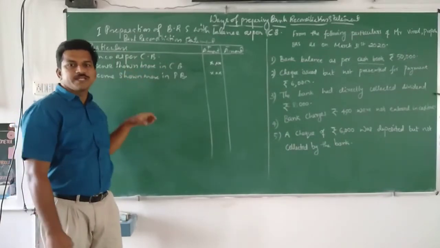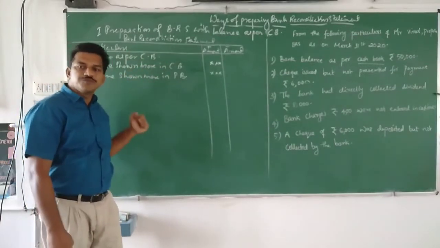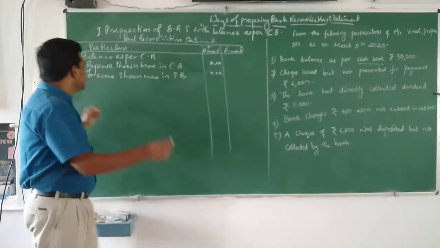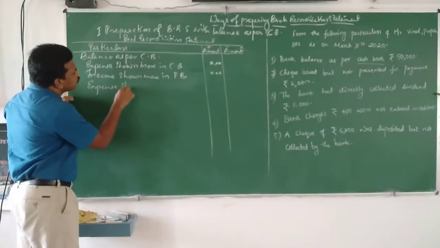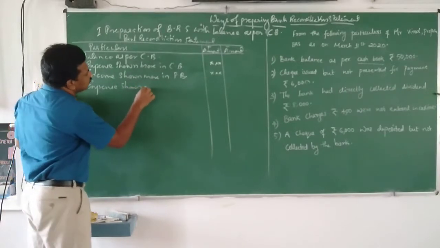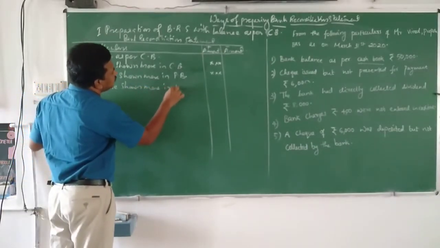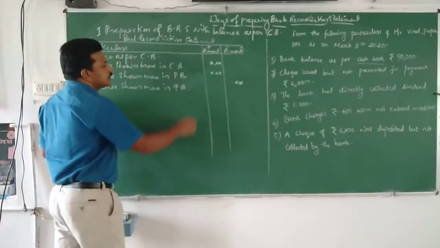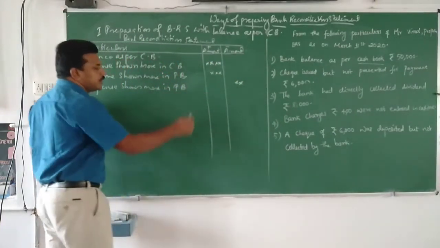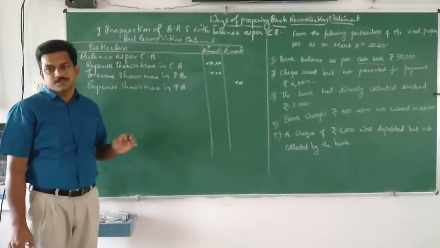So in order to get that balance, what to do? We have to deduct. What to deduct? Expense shown more in passbook should be deducted.